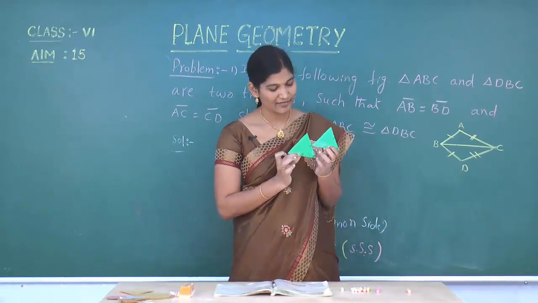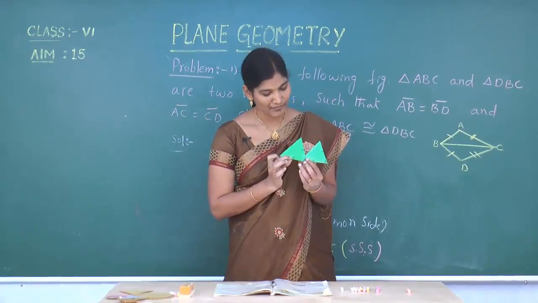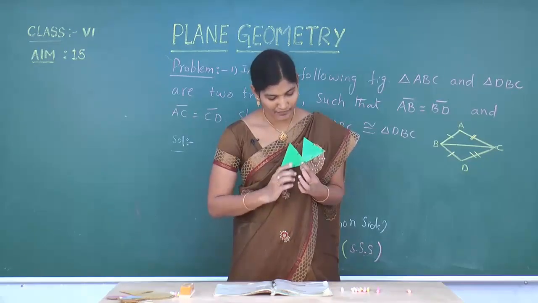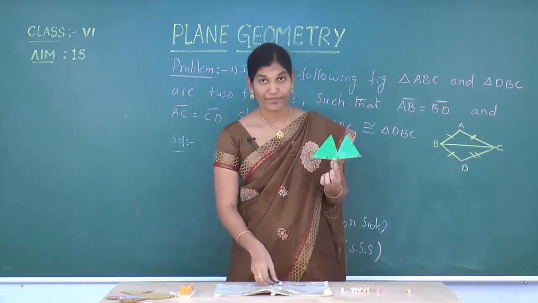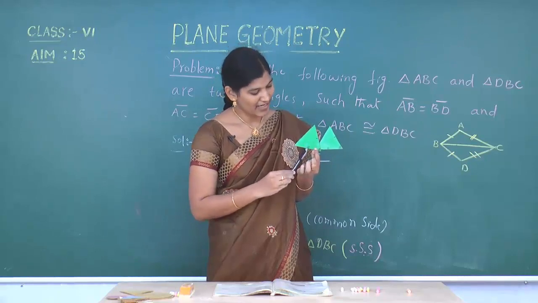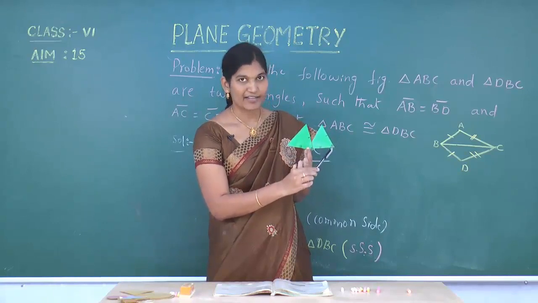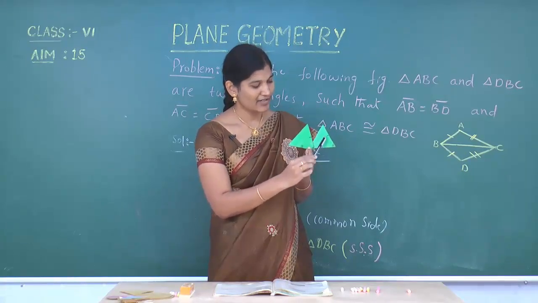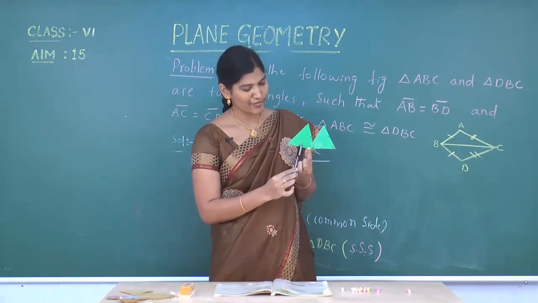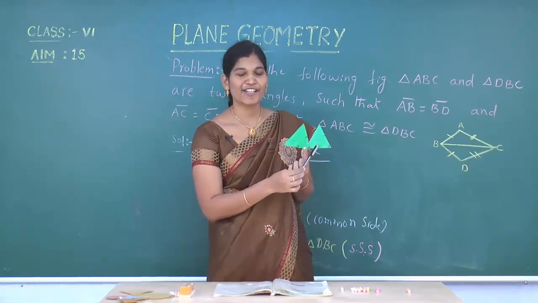Here this side is equal to this side and this side is equal to this side, and included angle. This angle is included in these two sides. Here this angle also is included in these sides. So I can say these two triangles are congruent.